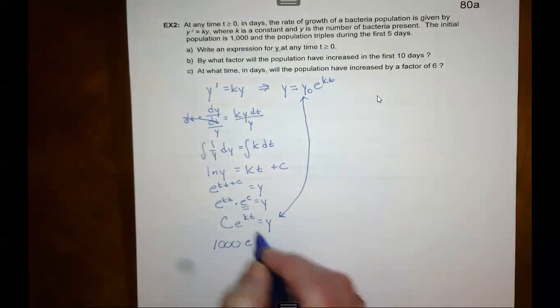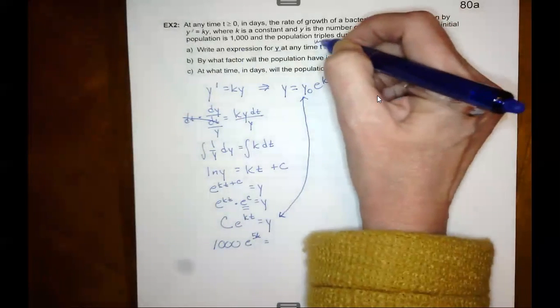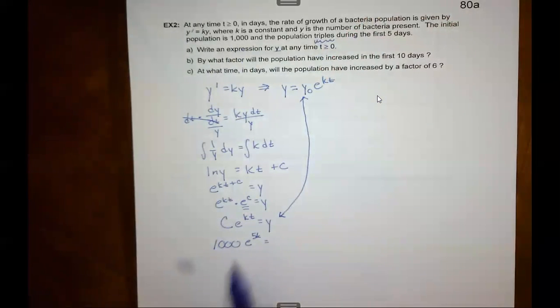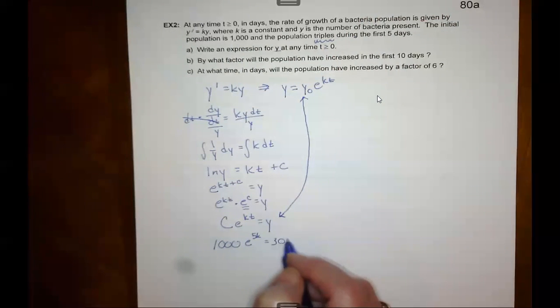Our time is 5 days, so we're going to have 5 for t. And if it's tripling, then our outcome amount is going to be 3,000.